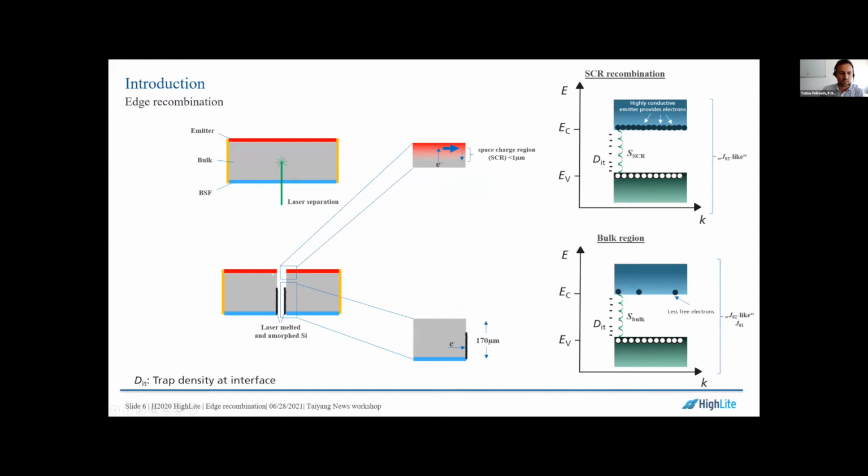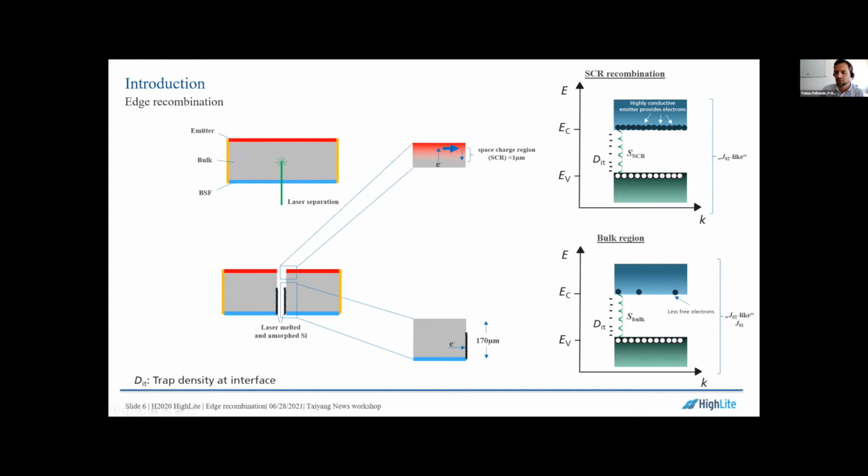When we look at such edges, we can distinguish two domains. Basically, the space charge region, the open p-n junction, where, when you consider a p-type bulk and a phosphorus emitter, the electrons generated in the bulk can easily travel via the emitter towards the edges.